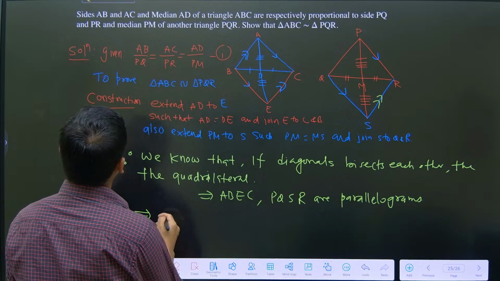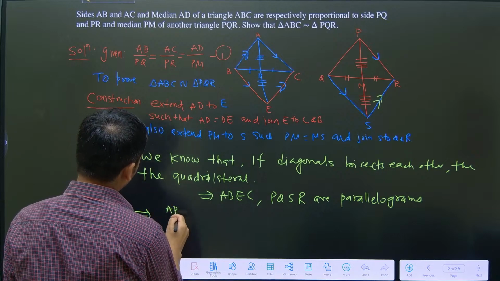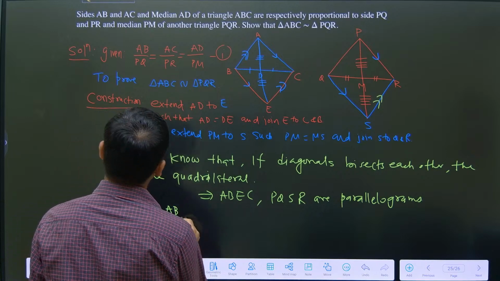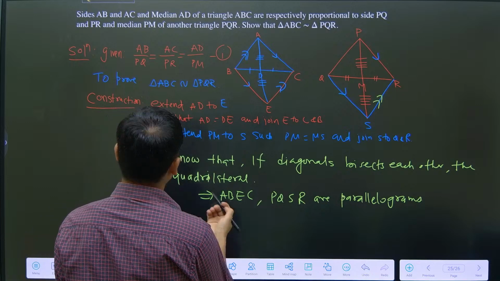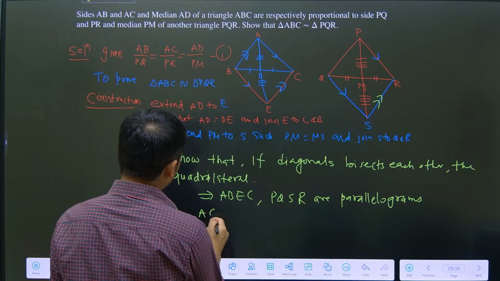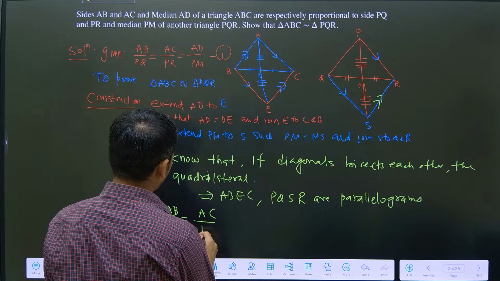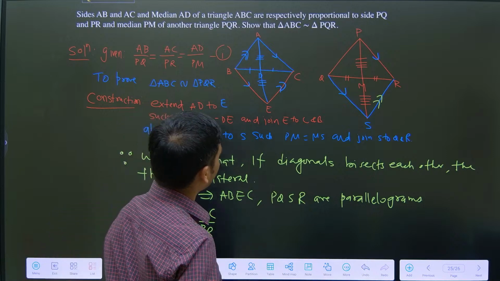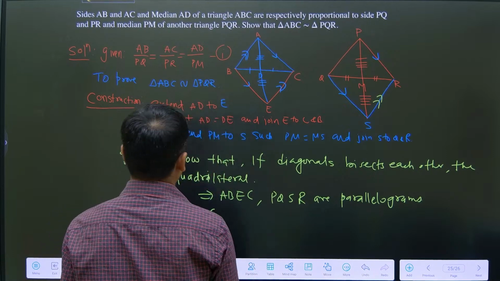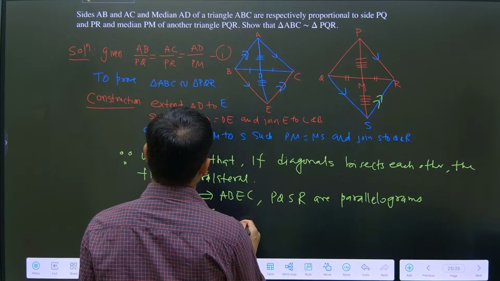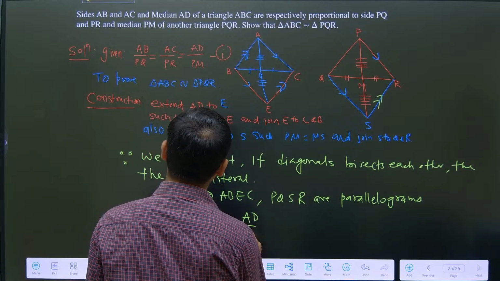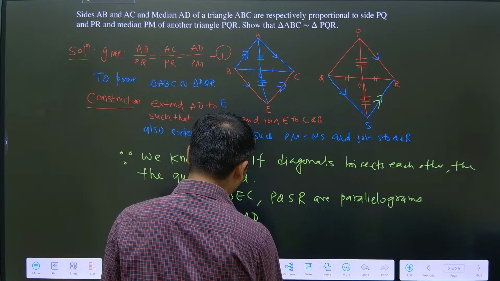Are you getting it? So what had they given? They had given AB upon PQ is equal to AC upon PR, that is equal to AD upon PM. They had given this condition, right? Can we rewrite this?